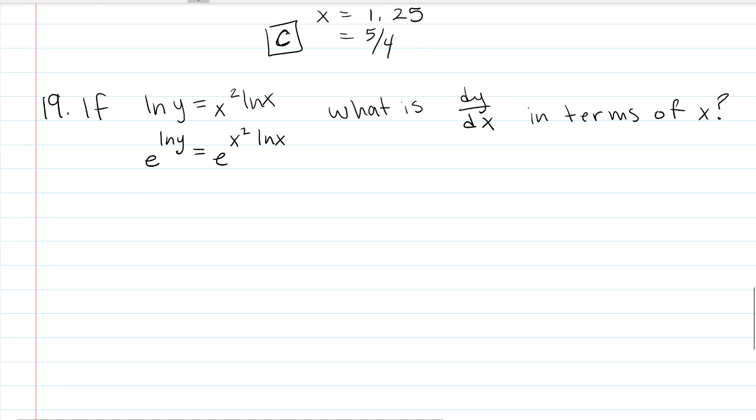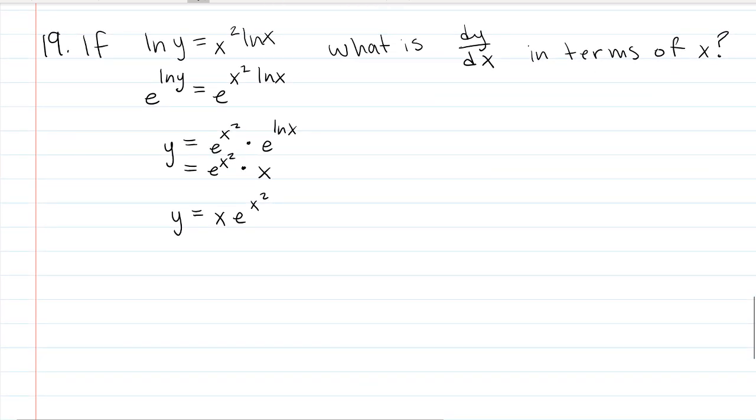So e to the natural log of y is just y, and then e to the x squared natural log x is e to the x squared times e to the natural log of x, and then there's e to the x squared times x. So now this is a much nicer function to derive.